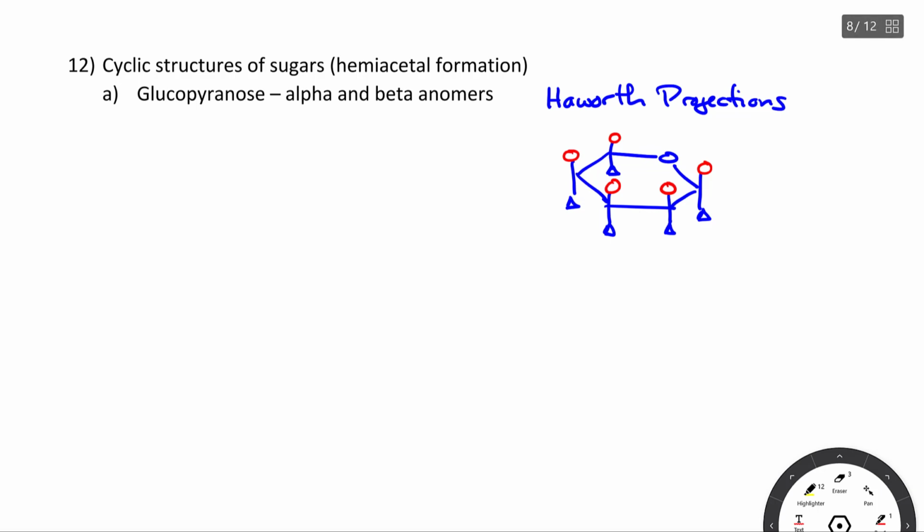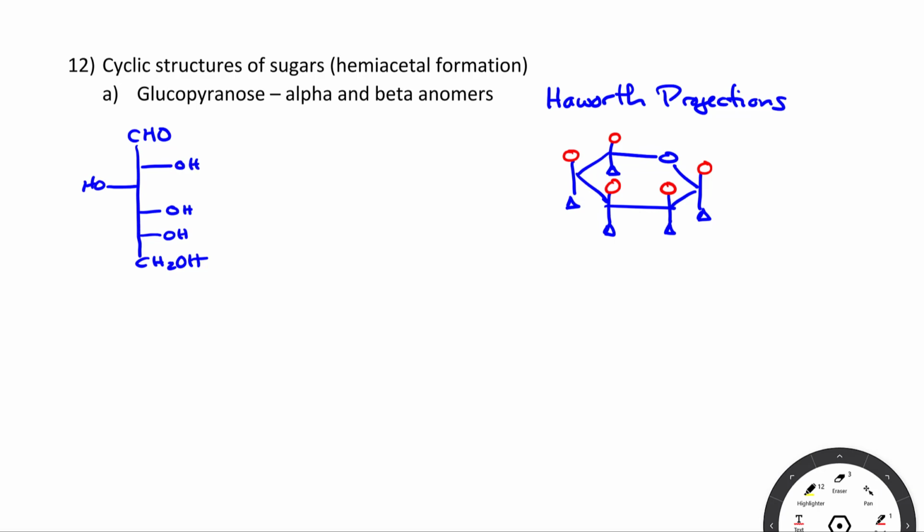Okay, so what I'm going to do is draw glucose again. And then I'll draw CH2OH at the bottom, and then CHO at the top, and then I'm actually going to include the OHs here, because it gets a little confusing if you don't have those, or at least the O's.